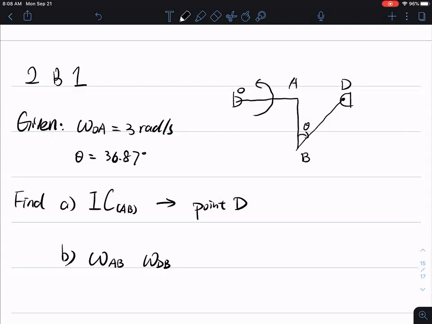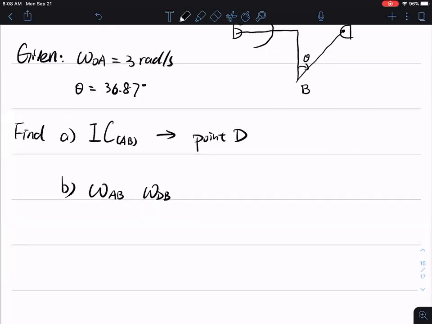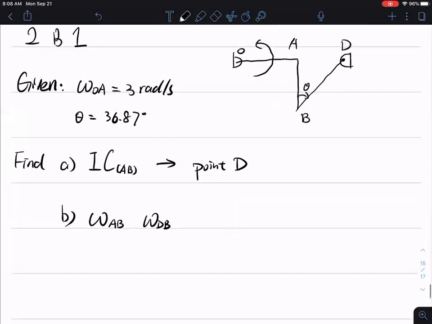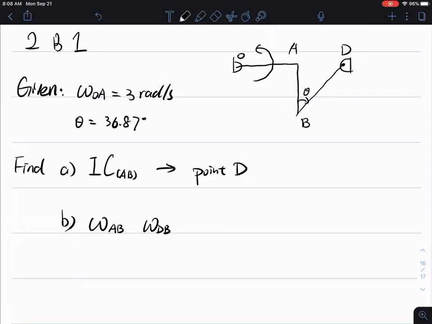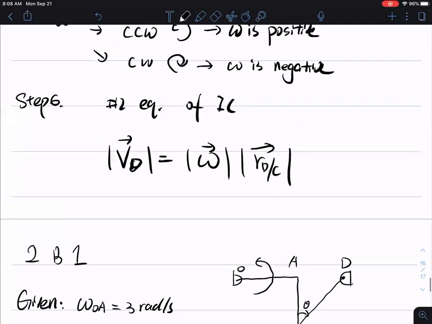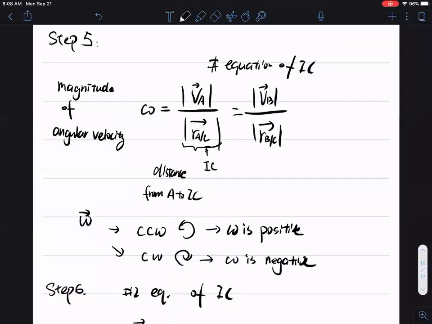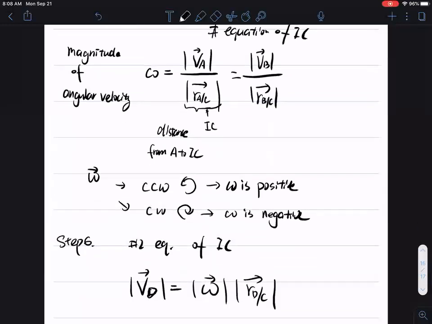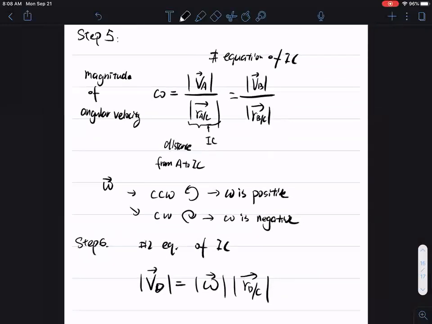All right. Okay, so let's look at part B, how to find angular speed for AB and DB. That's what we want to solve. If we go back a little bit, if we look at step 5 and step 6, at step 5, what's that equation?